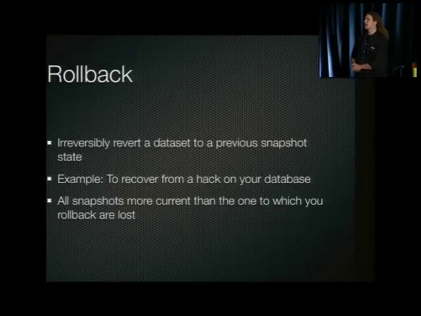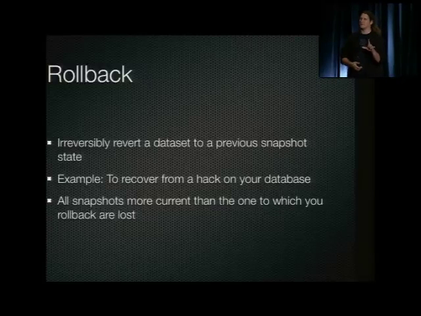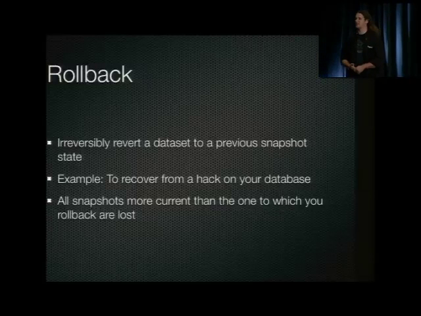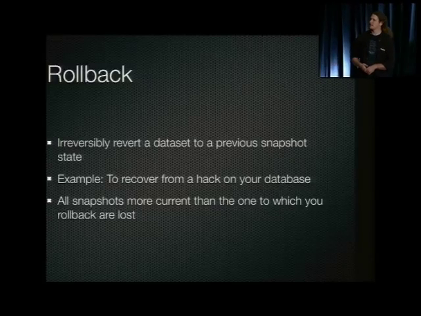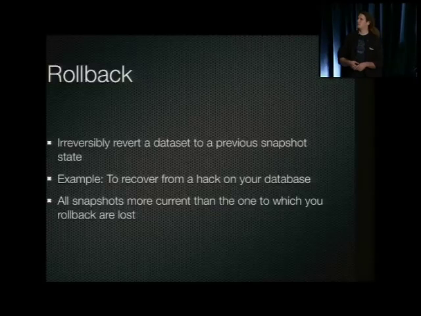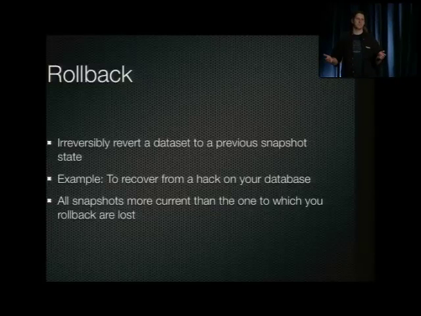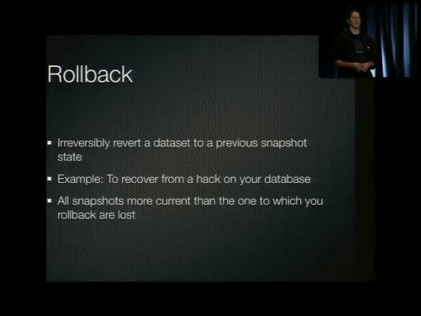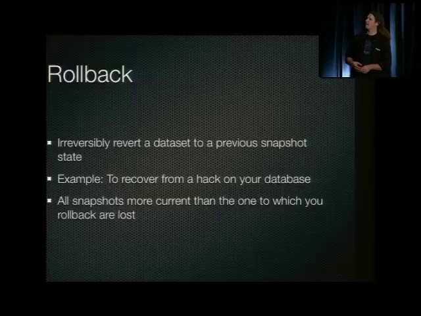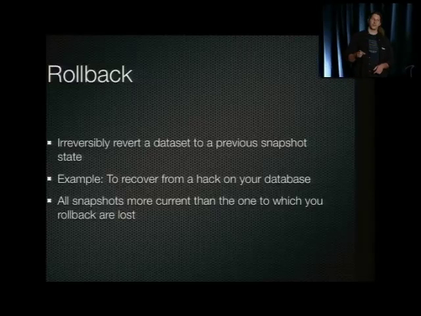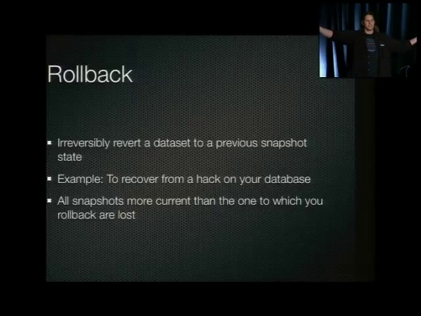So a rollback would irreversibly revert a dataset to a previous snapshot state. A common example would be to recover, say, your database data once it was hacked. And all the snapshots more current than the one that you roll back to are obviously destroyed.